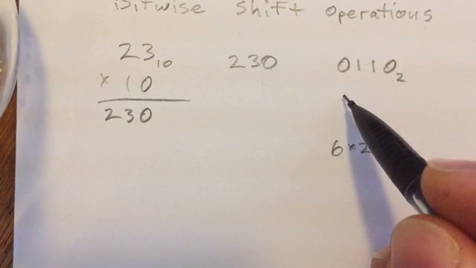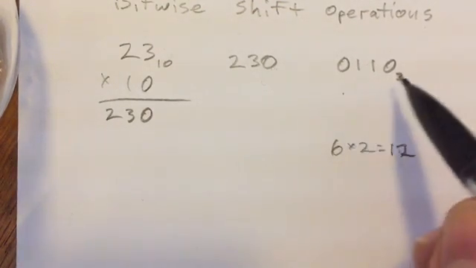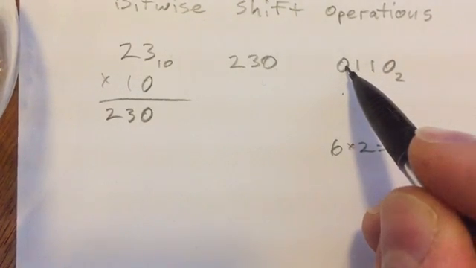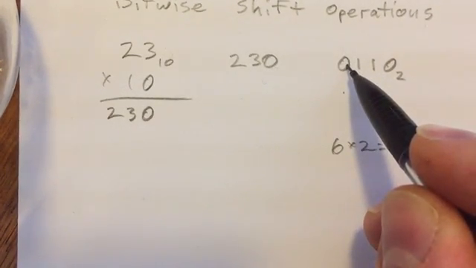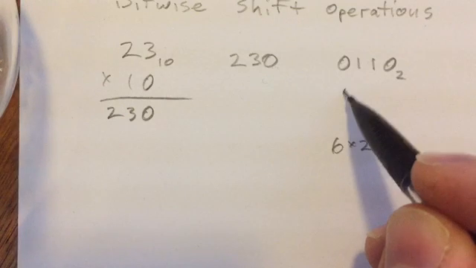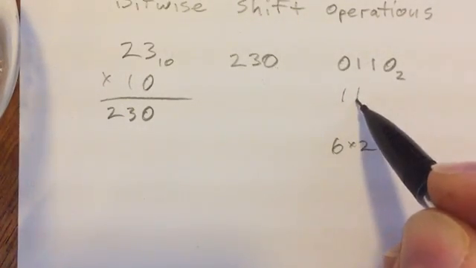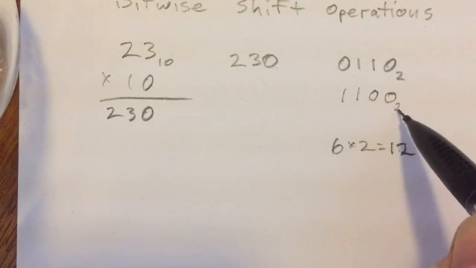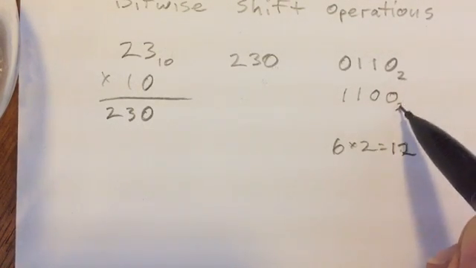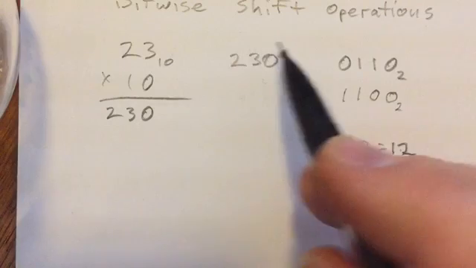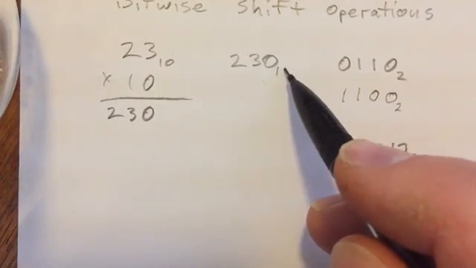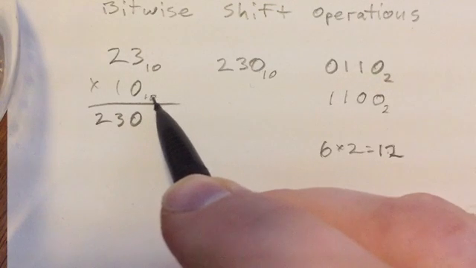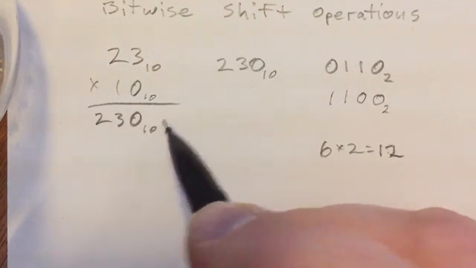Let's write out 12. Here's the 1-bit, the 2-bit, the 4-bit, the 8-bit. To get 12, we need to add 8 and 4. So that's 1100 in base 2. I'm just adding these 2's to keep straight what base we're using for each number; there's nothing actually special about them.